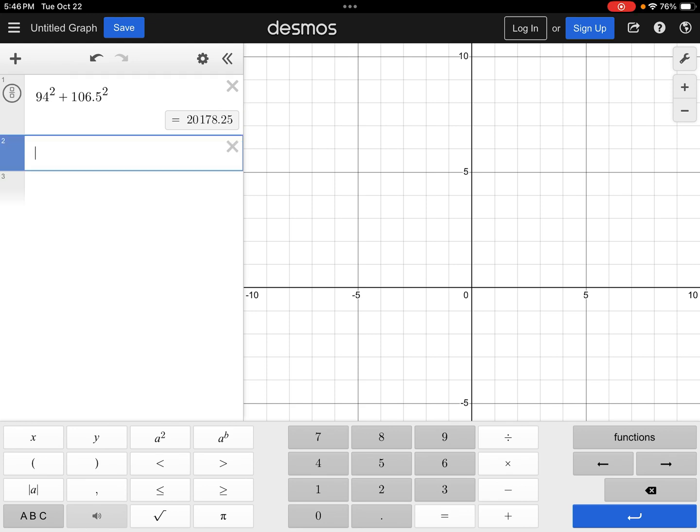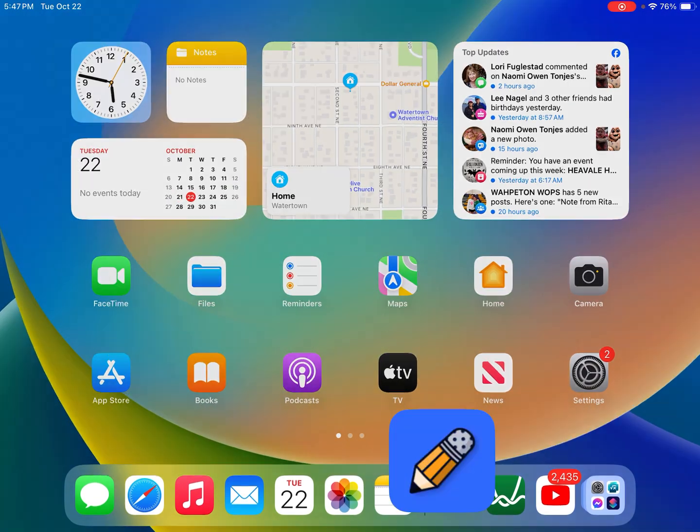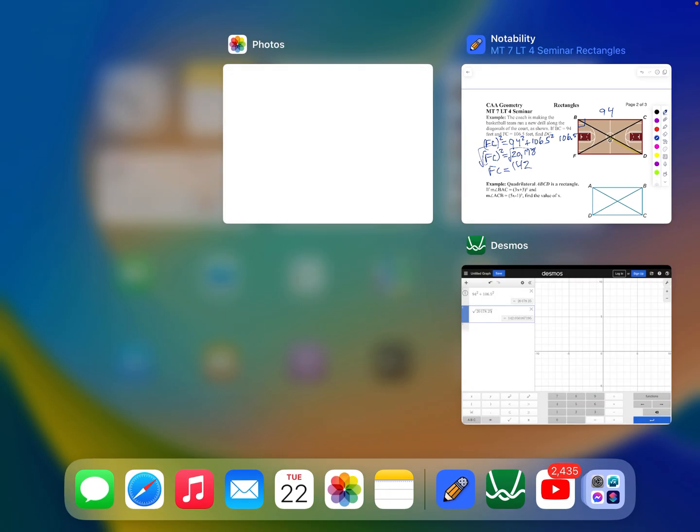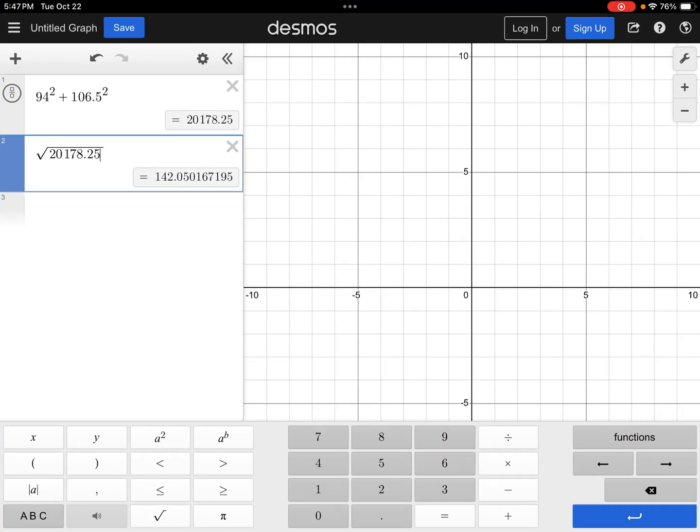So in this one, we're going to say the square root of 20,178.25. And you get about 142, don't you? So F to C is around 142. If we want to take it a little bit further, we'll say, yeah, about 142.1.